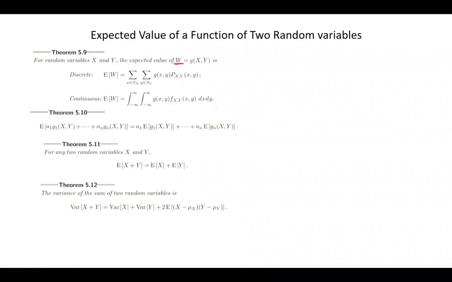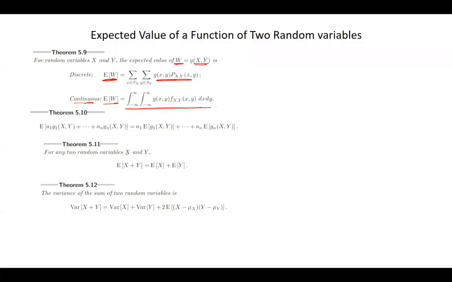We define a w, which is a function of two random variables x and y. For discrete case, expected value of w can be written in terms of this, and expected value of w is written as double integration of joint PDF for continuous random variables.